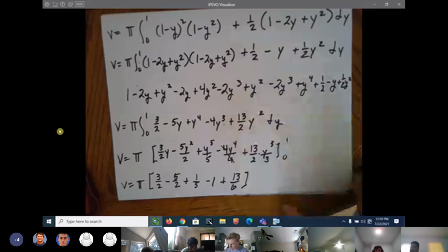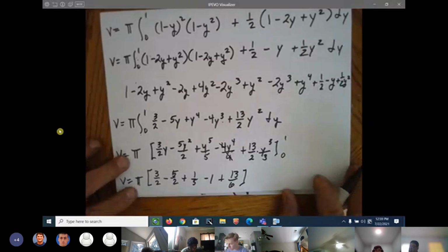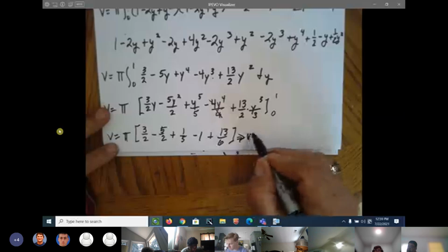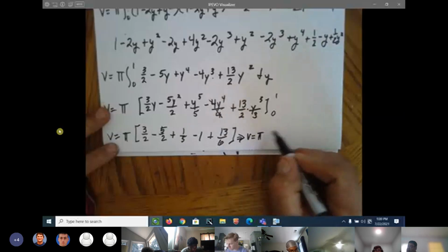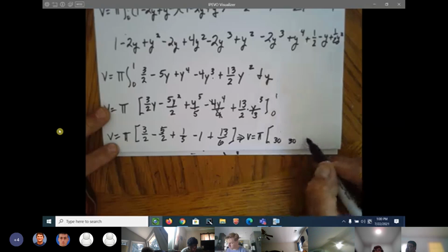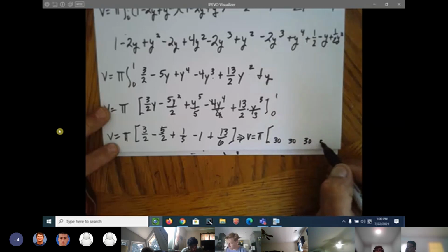And the common denominator is 30. So V is equal to pi, 30, 30, 30, 30, and 30.